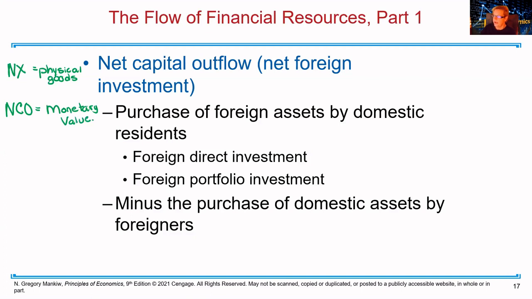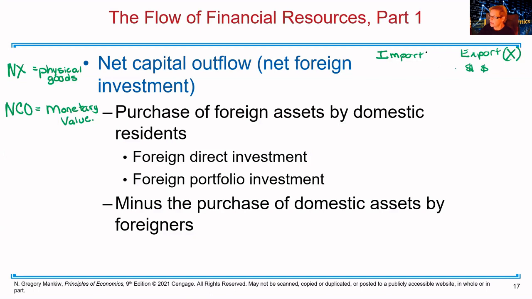Okay, now what you want to remember, and this is the most important part of this, is that if net exports are the physical side, net capital outflow is the monetary side. So if we import or export, remember that I said if we export something, that is the X of net exports, and those things are priced in dollars.